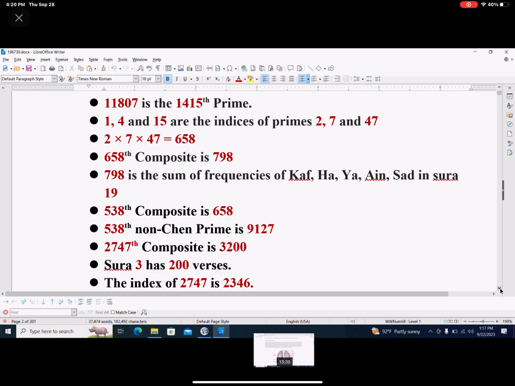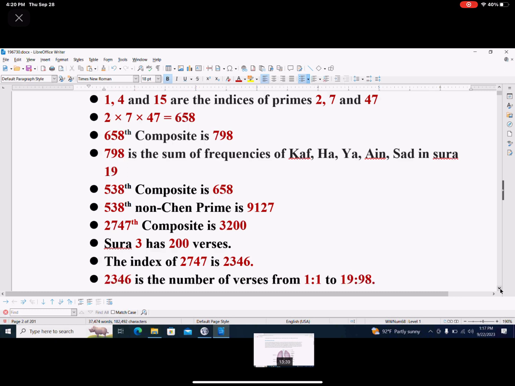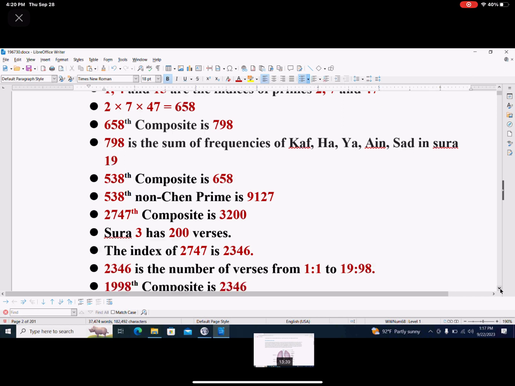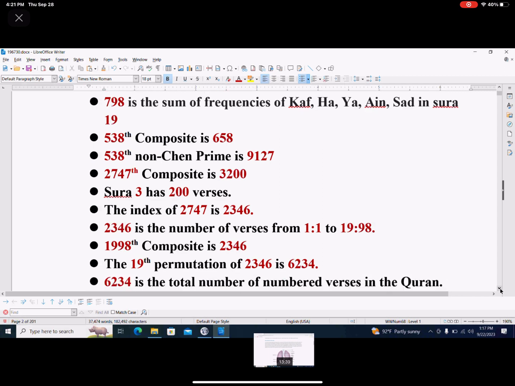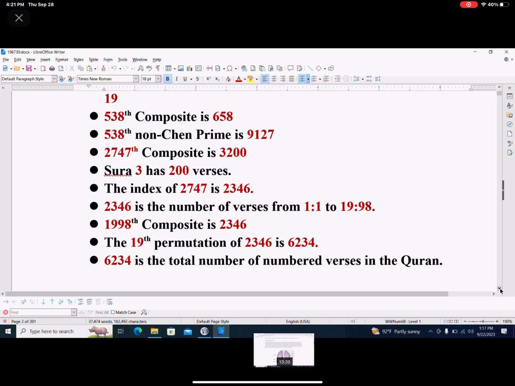The index of 2747 is 2346. 2346, the number of verses from 1 to 1998. 1998 composite is 2346. Okay? And this line, this bullet that I just told you, this was discovered by Milan about 20 years ago. The 19th permutation of 2346 is 6234. 6234 is the total number of numbered verses in the Quran.